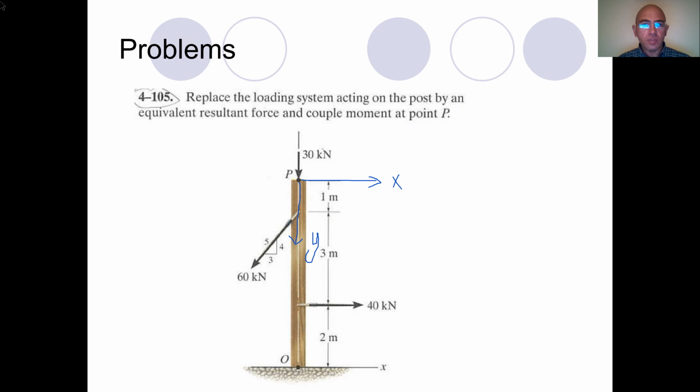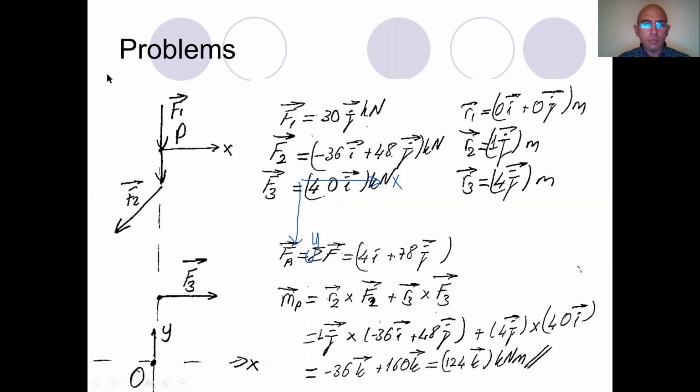Let's see how we can do it. So this is my free body diagram. In fact, I have force 1, force 2 and force 3. Certainly I have the position vectors R1, R2 and R3.